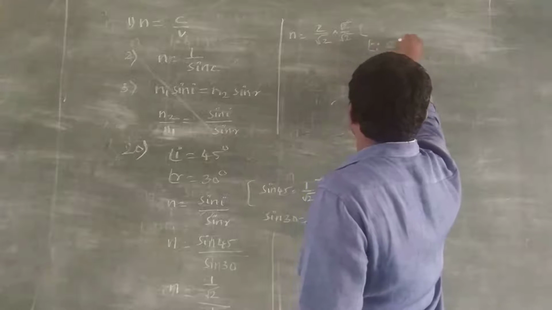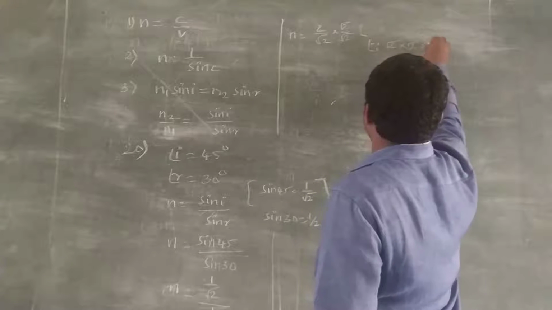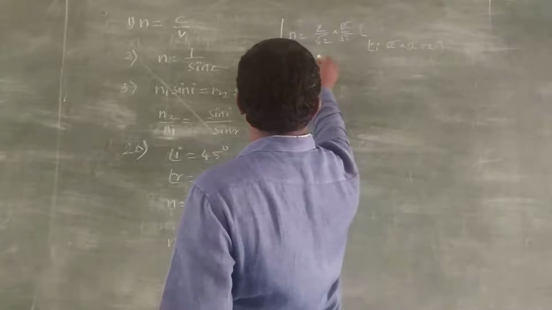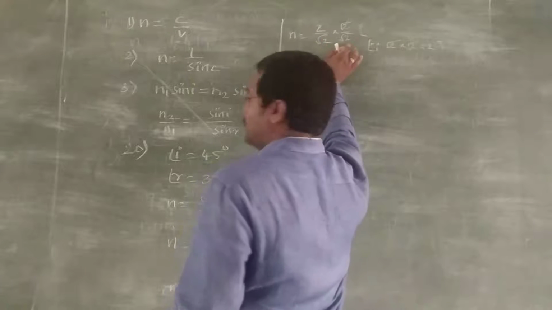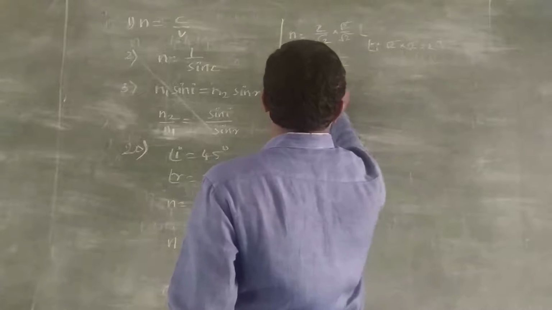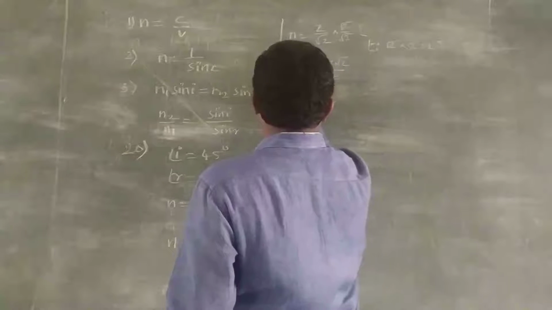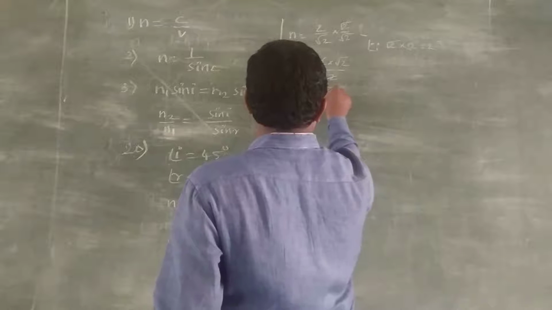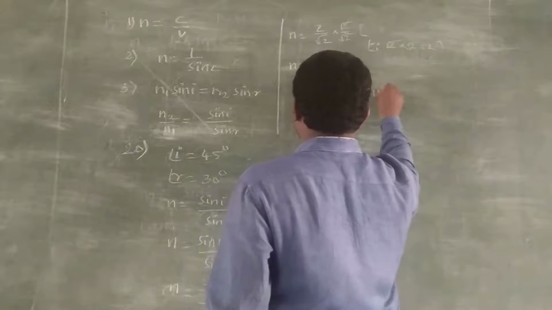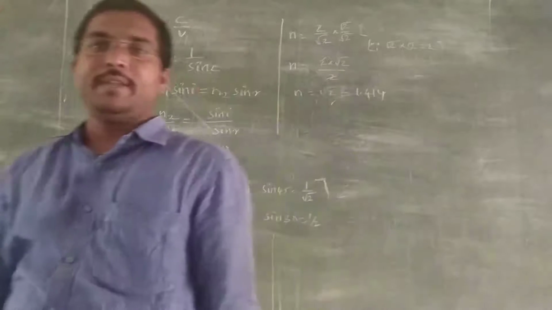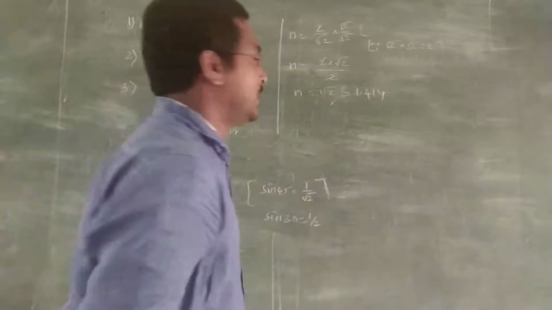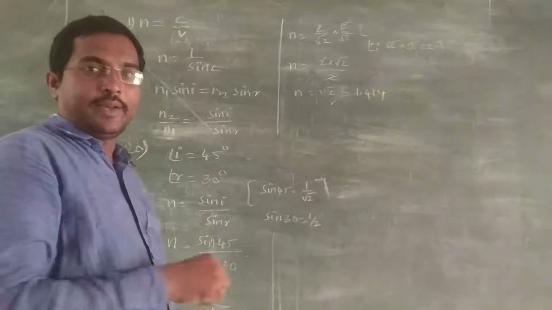Root 2 into root 2 is equal to 2, so n is equal to 2 into root 2 by 2. So 2 cancels. Now n is equal to root 2, so root 2 value is 1.414. So n is equal to 1.414.